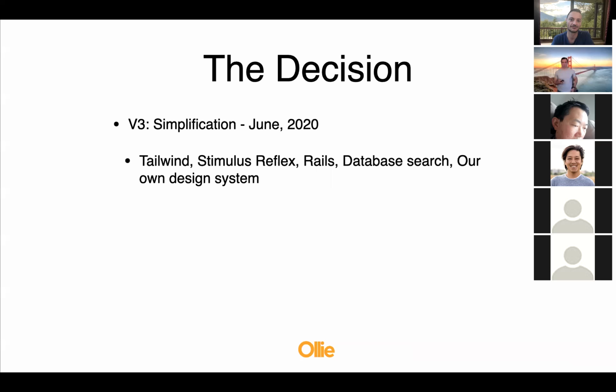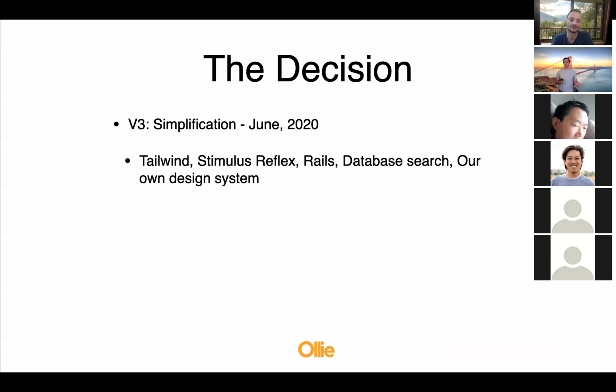We used Stimulus Reflex, which is the reactive architecture that I mentioned before. But we tried to keep it simple, build as much MVC as possible, and move really fast. We also tried to get rid of Elasticsearch and use a database search.